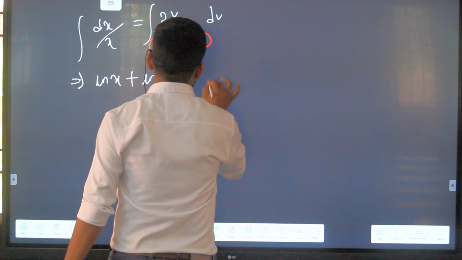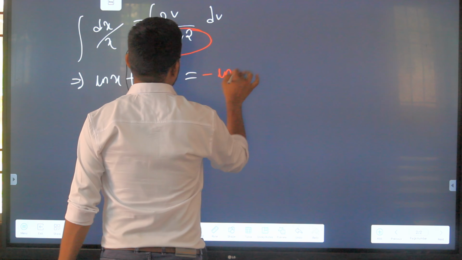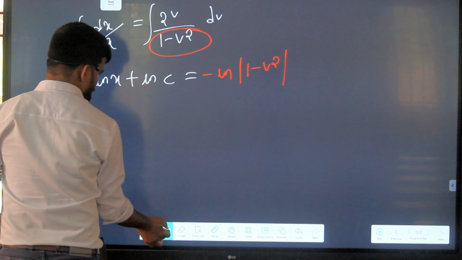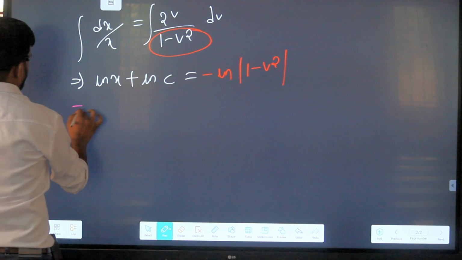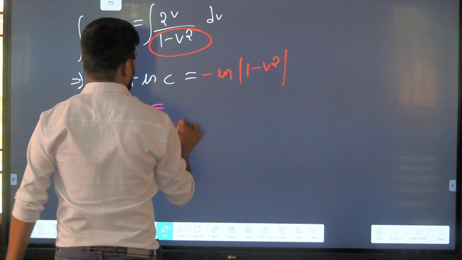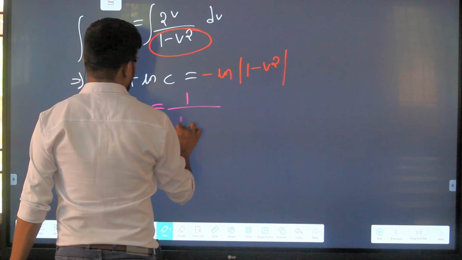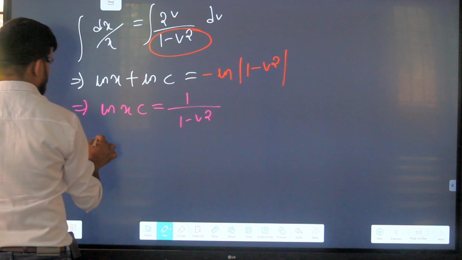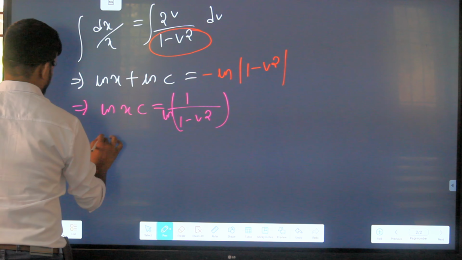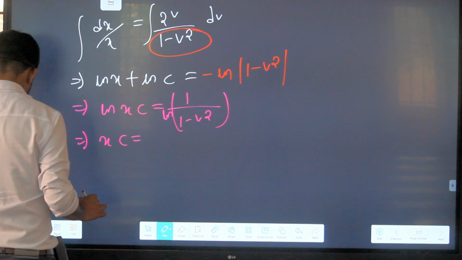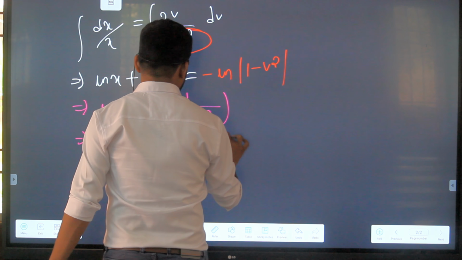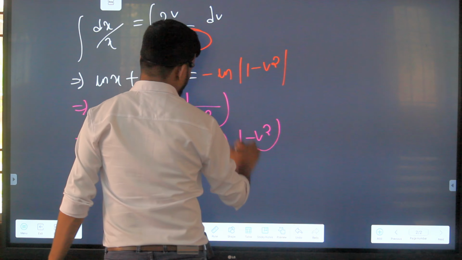So this will give you minus ln of 1 minus v square. So this implies ln xc is equal to ln of 1 by 1 minus v square. So this implies xc is equal to 1 by 1 minus v square. So this implies 1 minus v square into x.